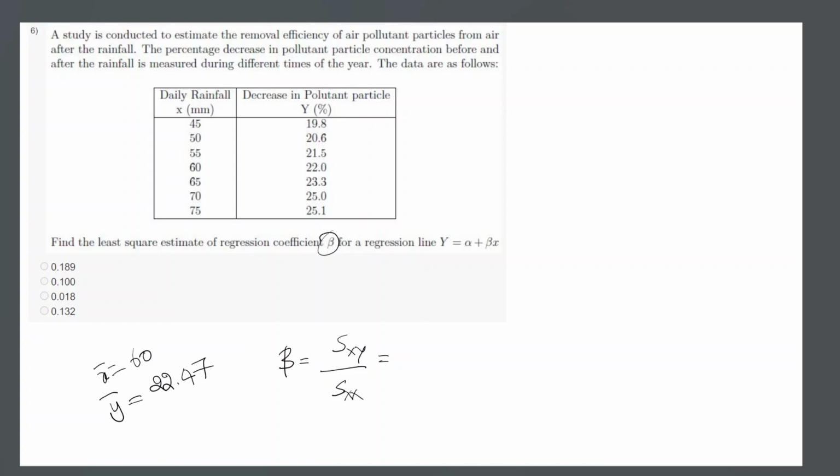So Sxy is given by 132.52. You can find these things. I could write it out elaborately here, but it is only a waste of time. I'm not going to do this here. Rather, you can do it on your own. Divided by Sxx.